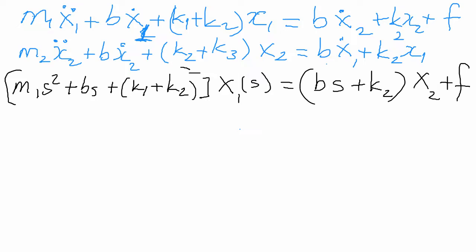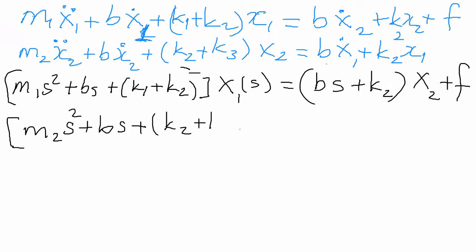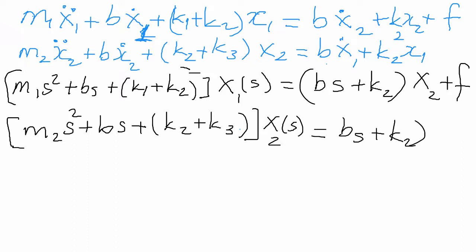Second equation, M2 S square plus BS plus K2 plus K3 times X2S, which is equal to BS plus K2 times X1.